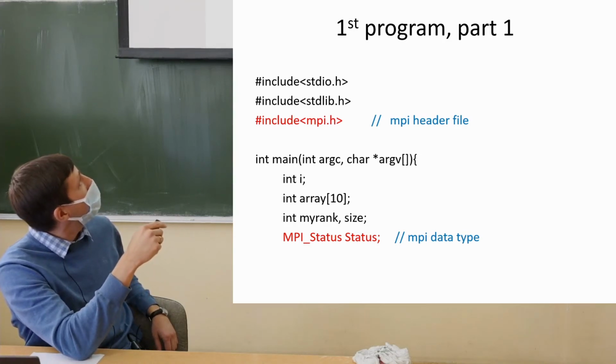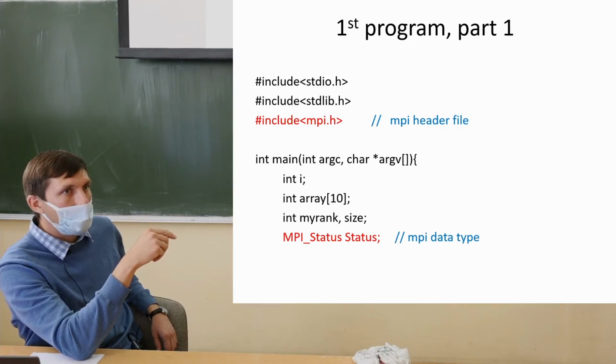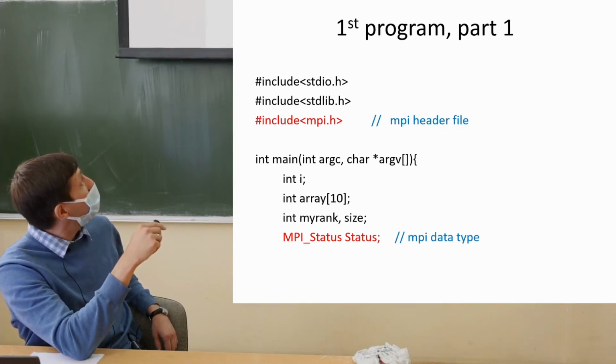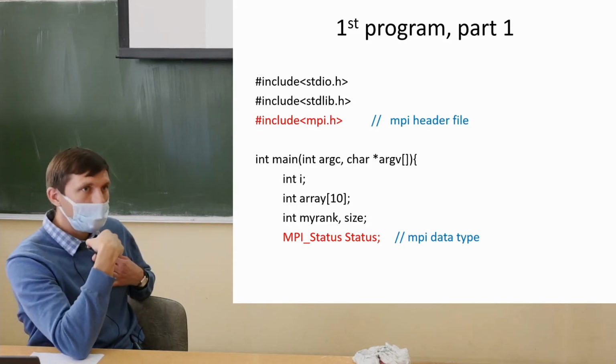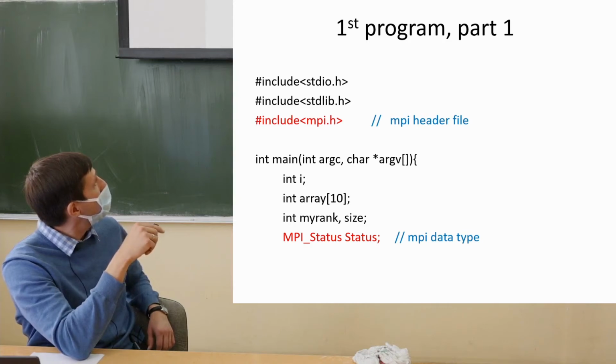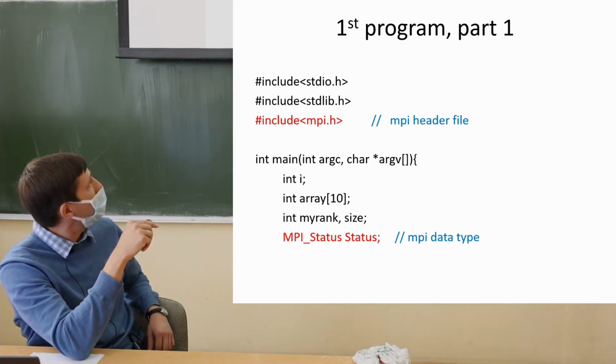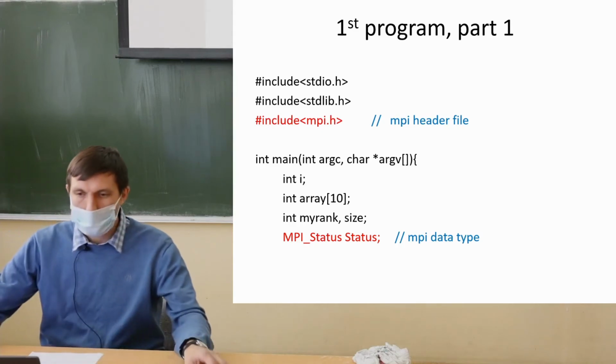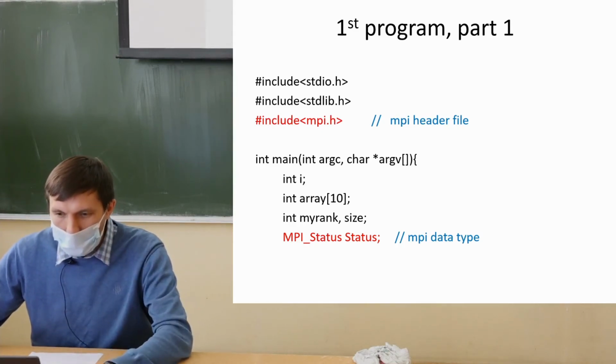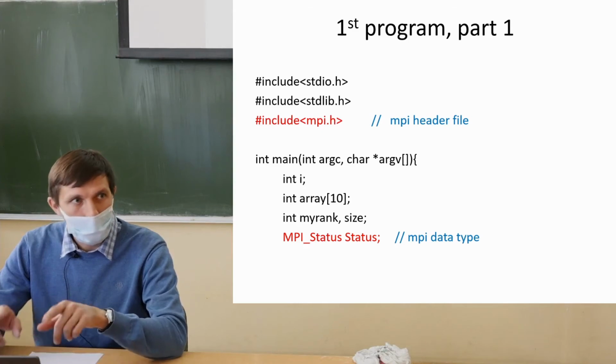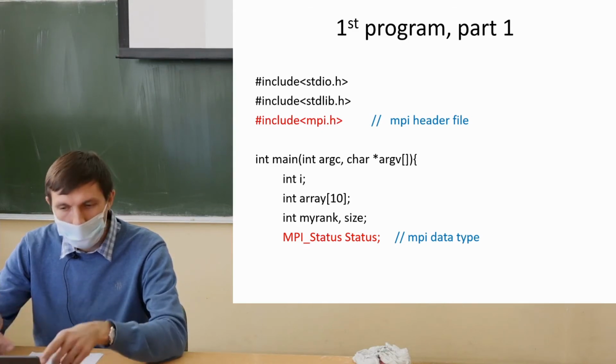For example, this is the MPI header file, this is some MPI data type, and this is some variable of this data type, and so on. So we can add this header file, some variables of integer type and some variable status with this type. I will write down this code by myself and show you.